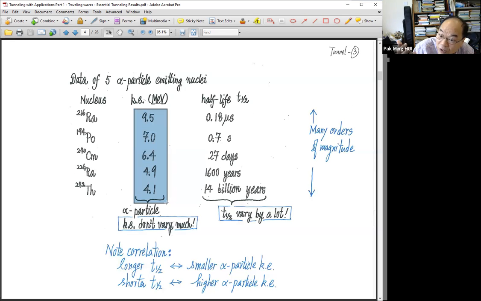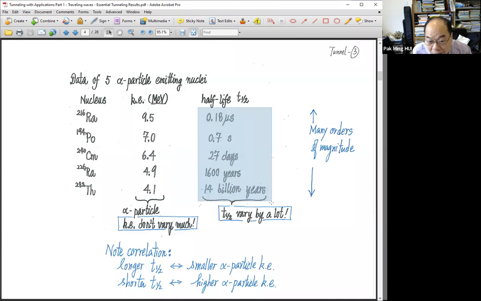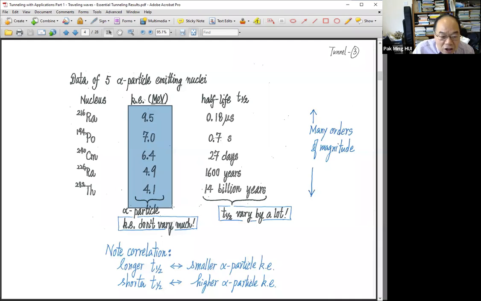Off by 6 orders of magnitude or so, and then that will affect the lifetime by a large factor. Therefore, we see the lifetime span over many, many orders of magnitude, despite the fact that the energy of the alpha particle that comes out does not vary by much.